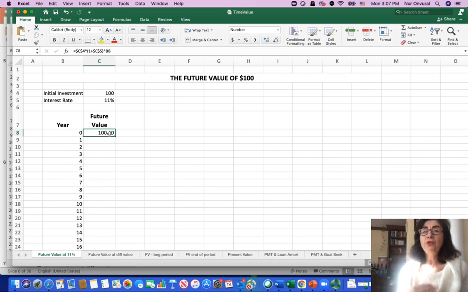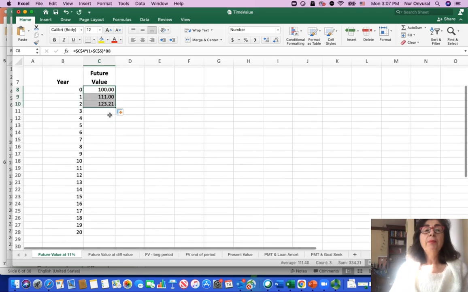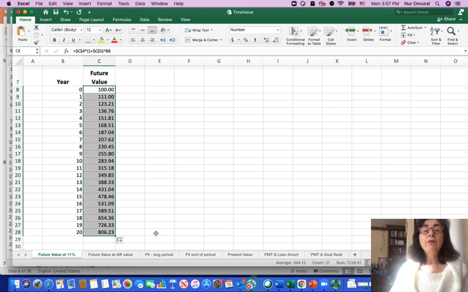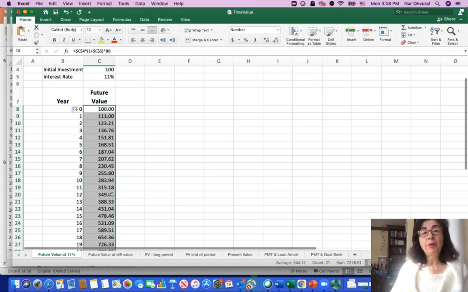They're not going to change. They're going to stay fixed. Once I do that, I can copy this formula down, and it's going to calculate all the future values from year 0 all the way to year 20 for me.